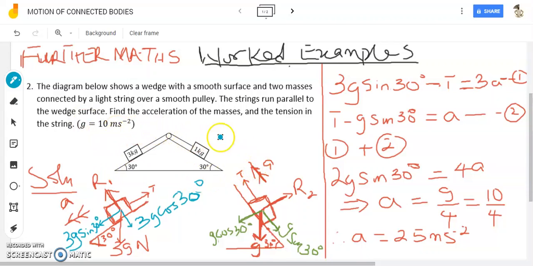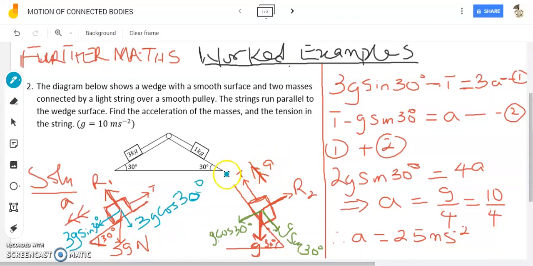Now, this is the weight. Since this weight is greater than this block of mass 3 kg, it accelerates downwards by this component of 3g newtons, and of course this one accelerates upwards.